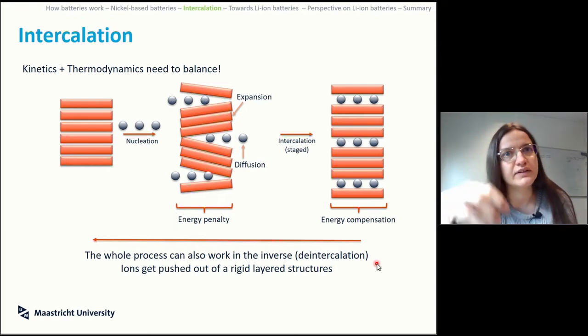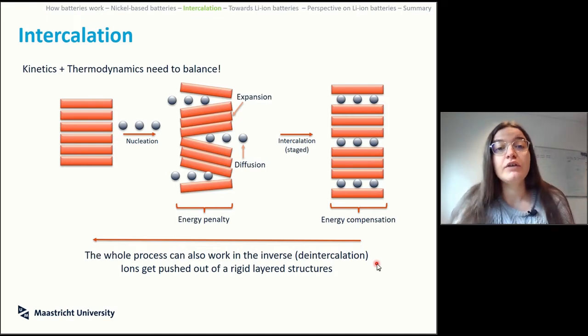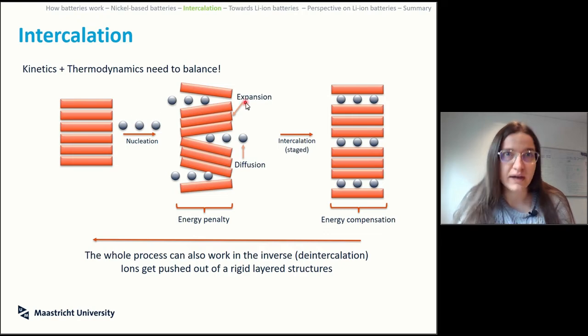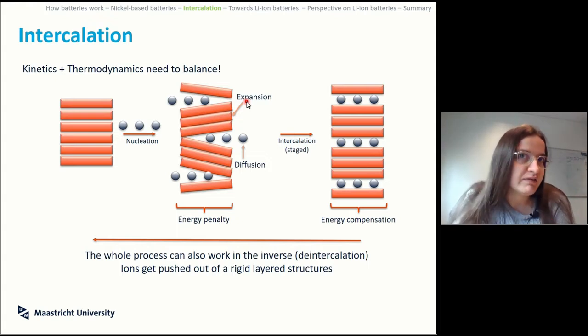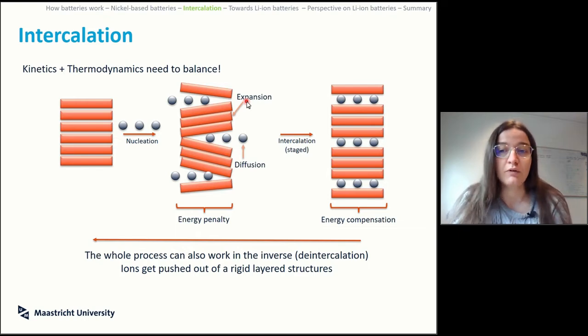So you need the thing that needs to go inside in the right form, and then it needs to diffuse inside, so it kind of needs to shoulder its way in. Every time you want to diffuse a guest into a host, there will inevitably be a level of expansion of the host to accommodate the new material going inside. Now this expansion is your energy penalty, so this will actually cost you effort.